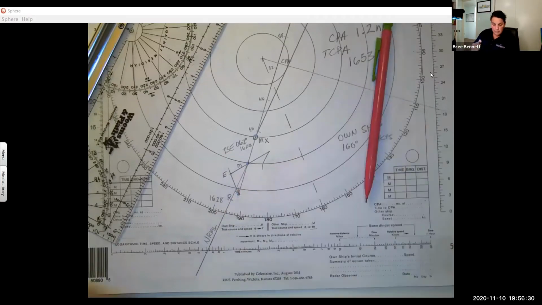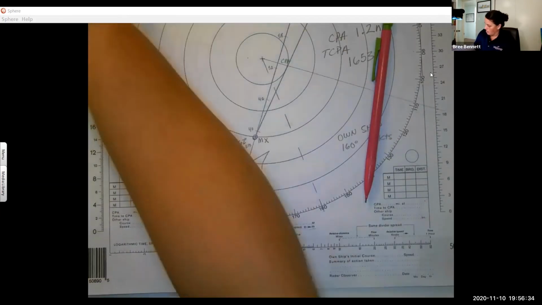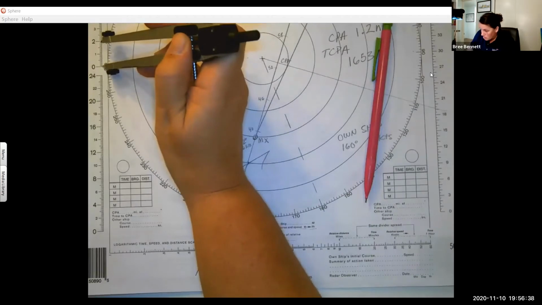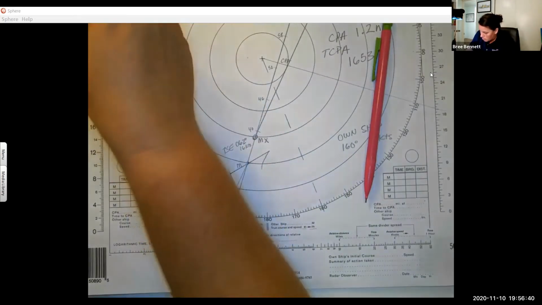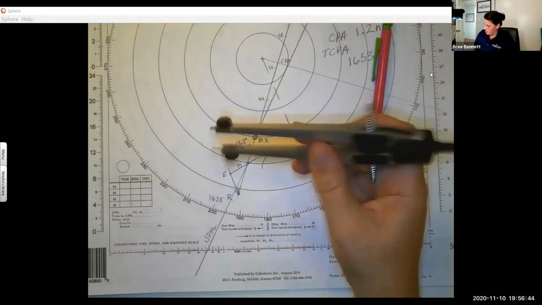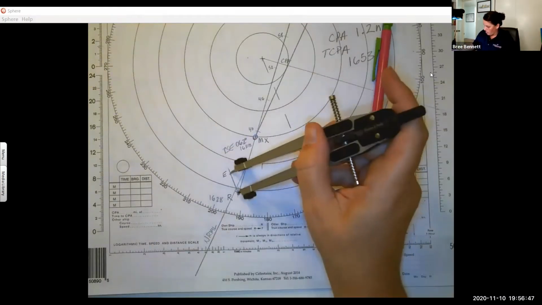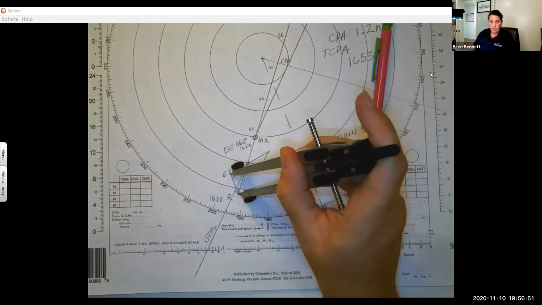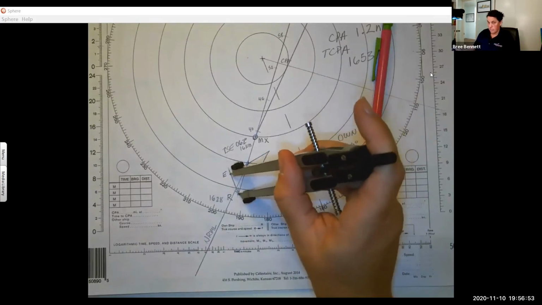So I'm going to maintain my speed of 16 knots. So I have my 16 knots. That was my speed right there. So my E to R, 16 knots.